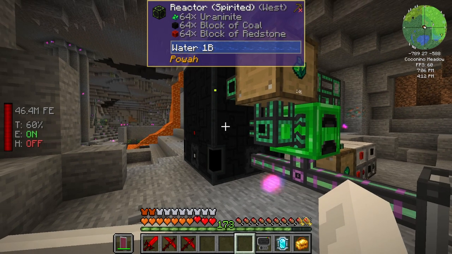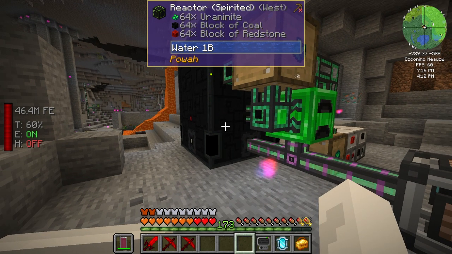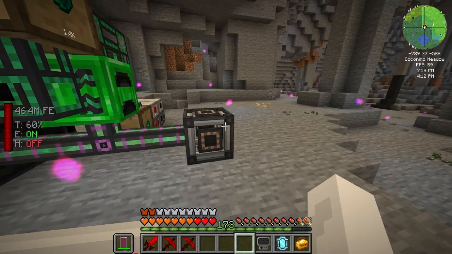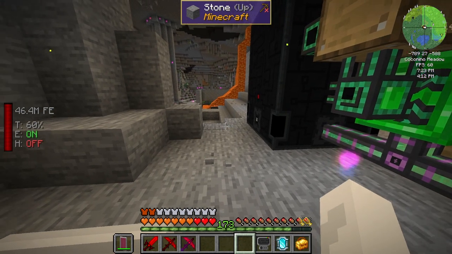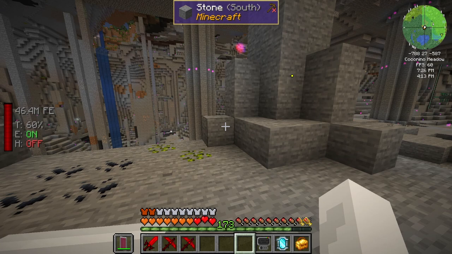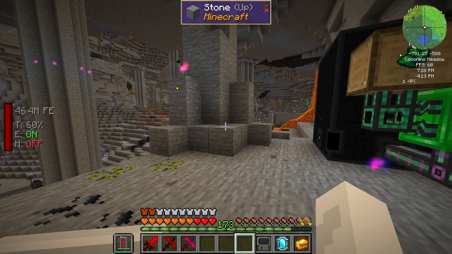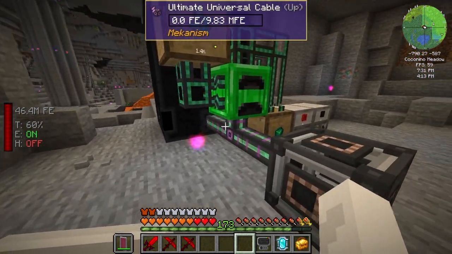It might be that this reactor is losing power over time. That's maybe one sad thing. I think it's leaking out power, because this one isn't using any power. This one is full. We have a few places which are using power, so maybe it's just that, but I still have no idea why these cables aren't full.